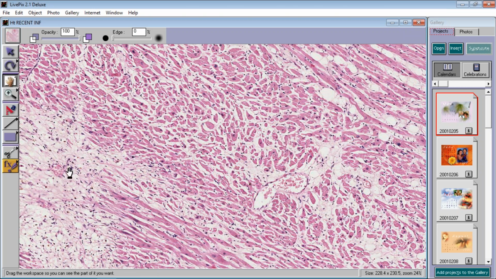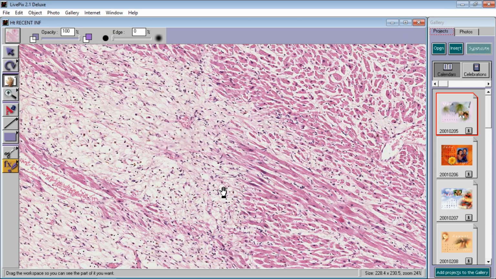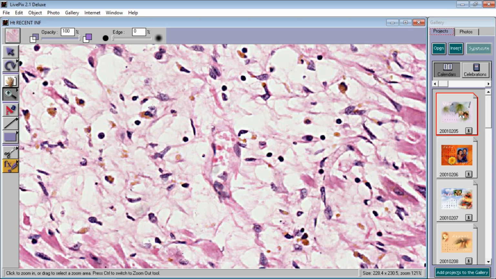And you can also see that these fibers are being infiltrated by inflammatory cells. Some of them may be neutrophils, but in my opinion, most of these inflammatory cell infiltrates are macrophages and maybe even some blood vessels.